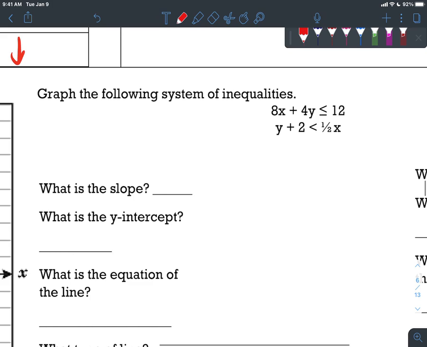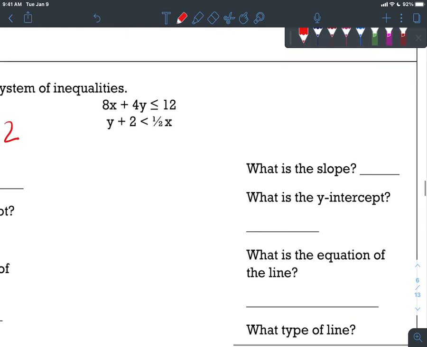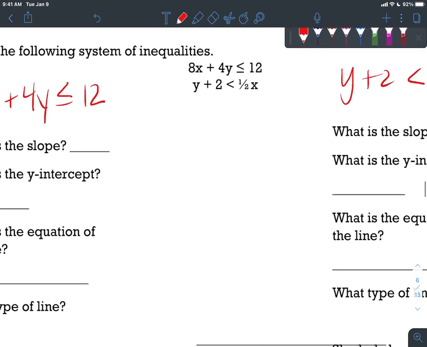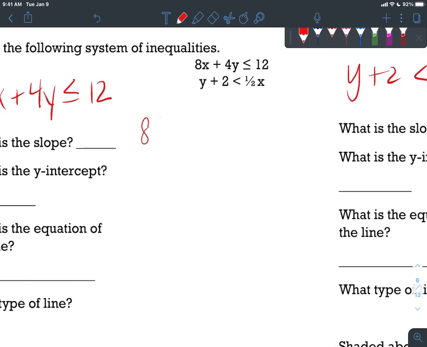So I'll deal with the 8x plus 4y less than or equal to 12 over here, and the y plus 2 less than 1/2 x over there. All right, so first things first, let's look at this one. So I need to make this look like y equals mx plus b. So I need to do an exciting move.